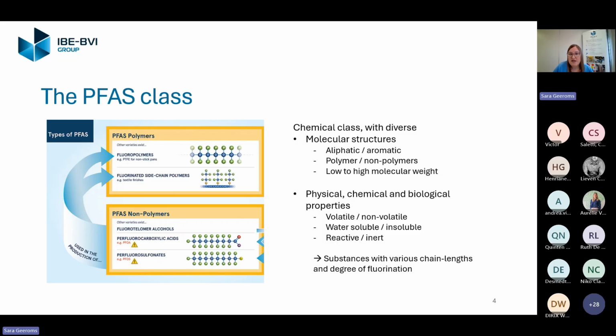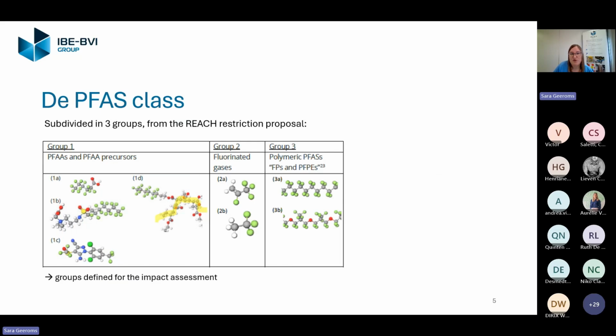So there are many ways that you can group or subdivide the broad PFAS class. But the one that I want to discuss with you today is the subdivision from the REACH restriction proposal, because it has been used for the impact assessments of the different subdivisions.